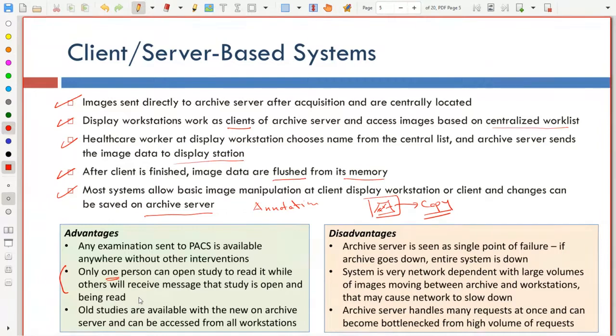If this happens, then two doctors will write two different reports on the same case, while other cases are not diagnosed, which is not very efficient. So when you access a certain patient, you're the only one working on that patient. It doesn't allow two people to work on the same case.